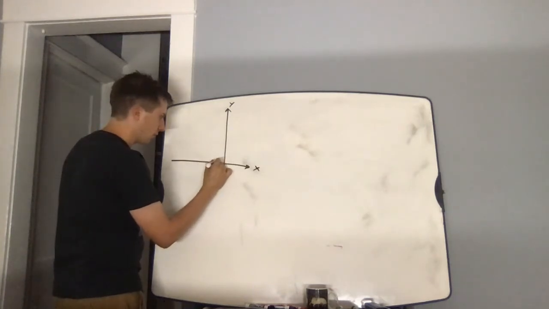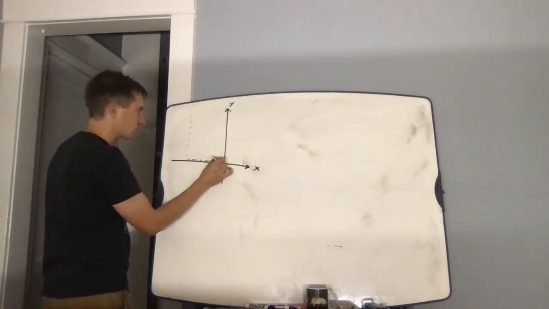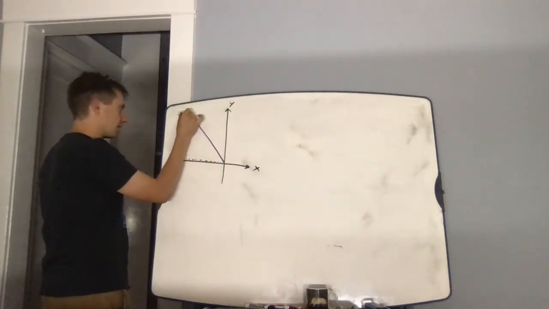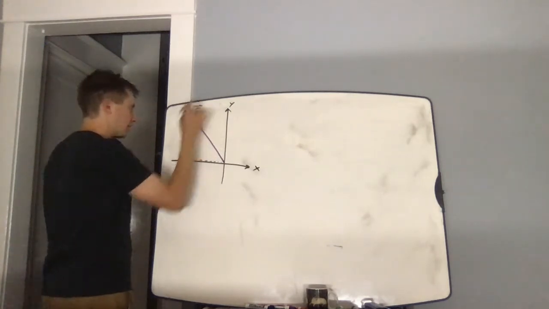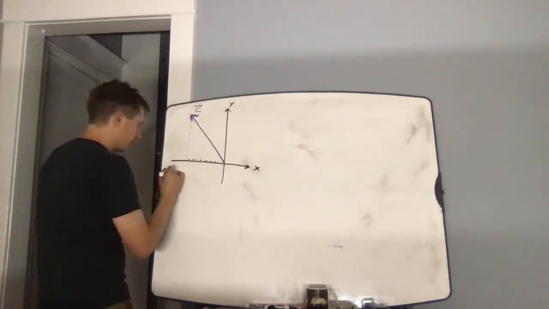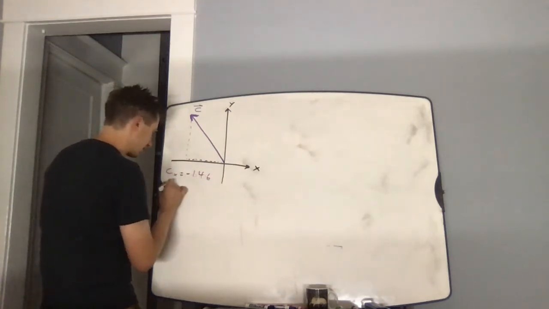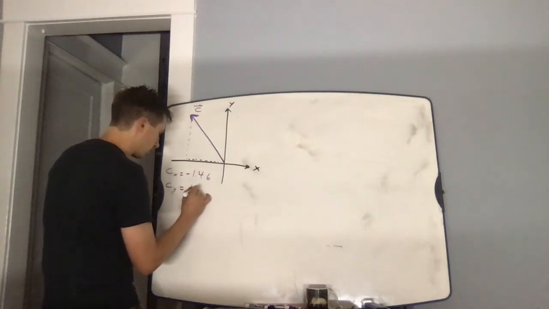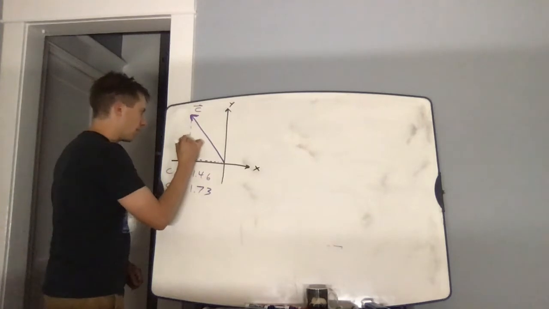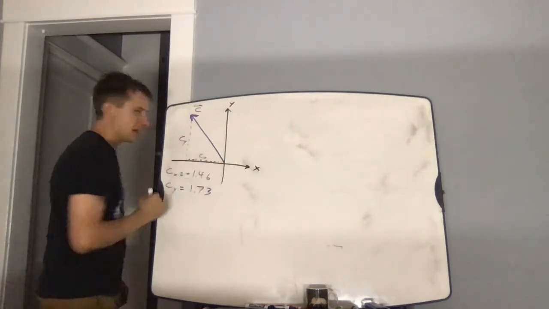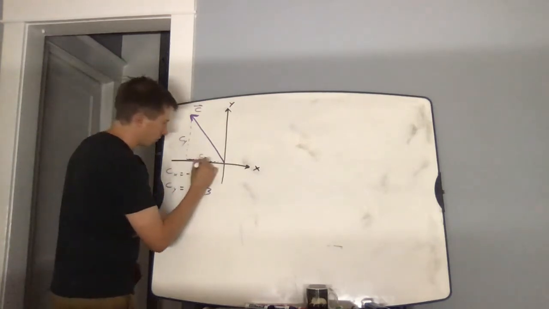So negative 1.46, positive 1.73, vector C will look something like this. So this is vector C, where Cx is negative 1.46, Cy is positive 1.73. So here is Cy, here is Cx. Now, looking at how I drew this picture, I notice there is a right triangle.